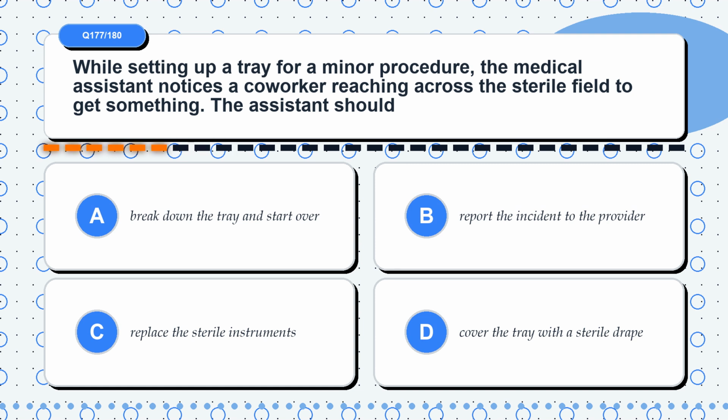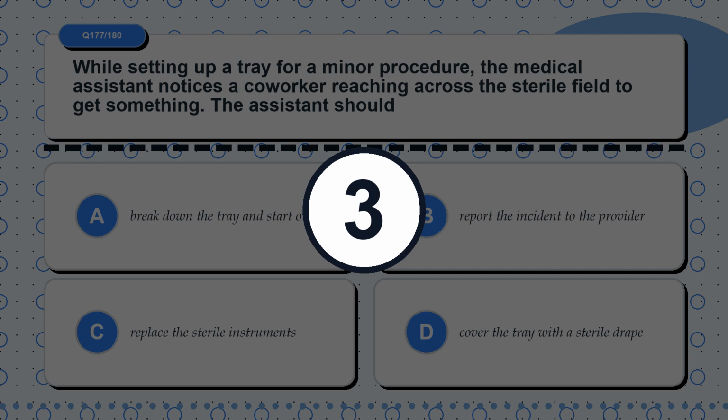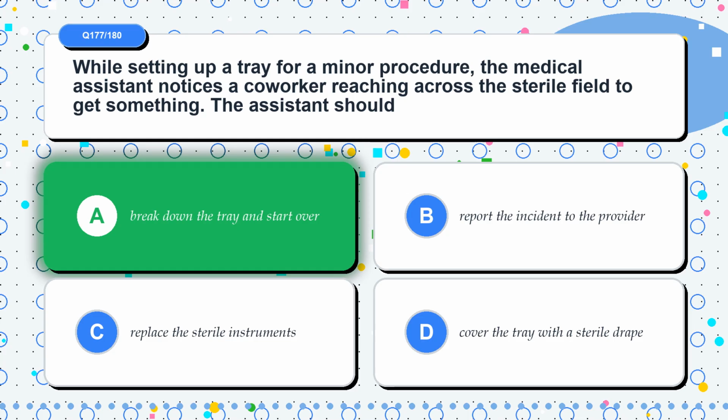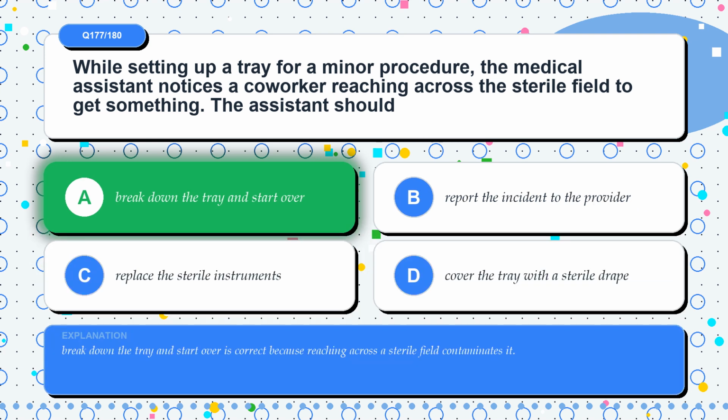Option C, replace the sterile instruments. Option D, cover the tray with a sterile drape. The correct answer is option A, break down the tray and start over. Break down the tray and start over is correct because reaching across a sterile field contaminates it.